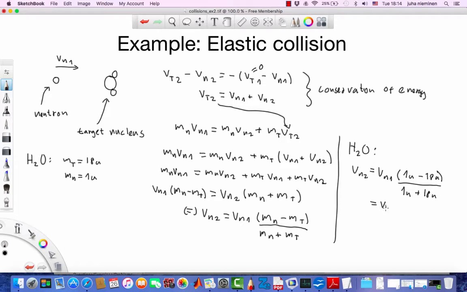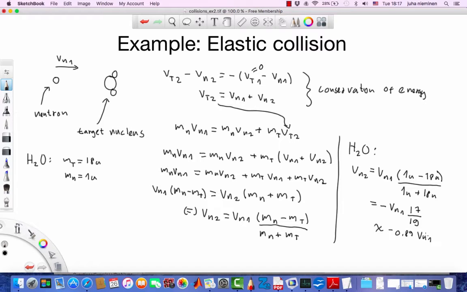So this is Vn1 with a negative sign, times 17 over 19. This tells us that the neutron will bounce in the opposite direction because of the minus sign. We still have 17 over 19, which is about 89% of the initial velocity.